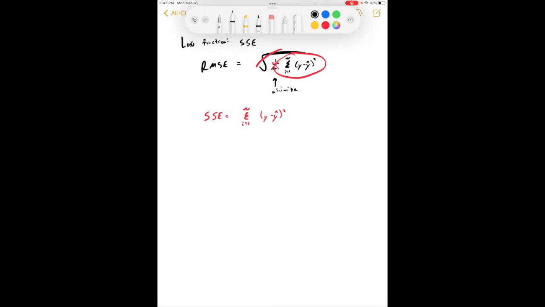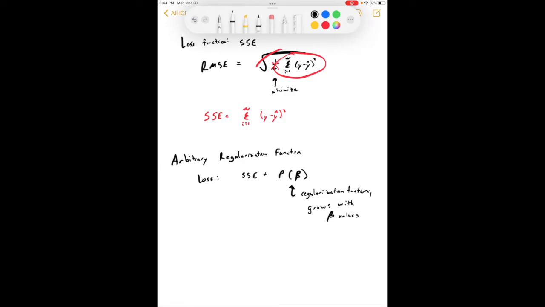So from that loss function, we're going to change to first an arbitrary regularized loss function. With an arbitrary regularization function, our loss is actually going to be the sum of squared errors plus some function of beta. This is the regularization function, and it grows with beta values.